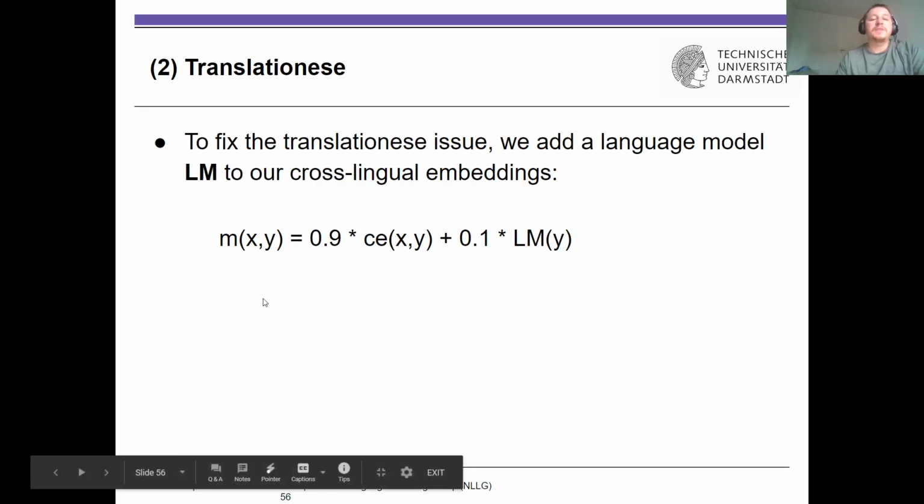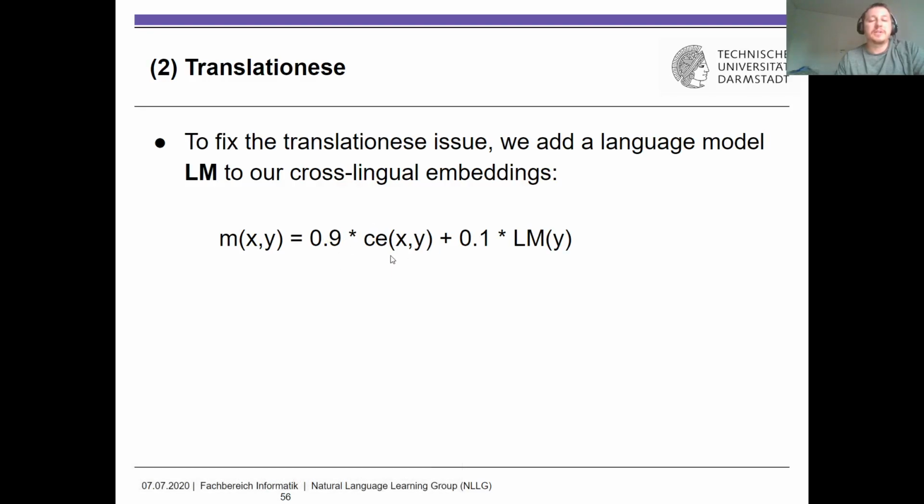So to fix that, we did a linear combination of our cross-lingual metrics, such as multilingual BERT or LASER or whatever. So we had the metric score, and we weighted that by 90%, but then we added a 10% language model score. We just asked how good is a sentence in the English language, right?